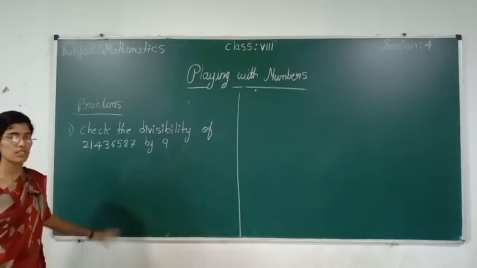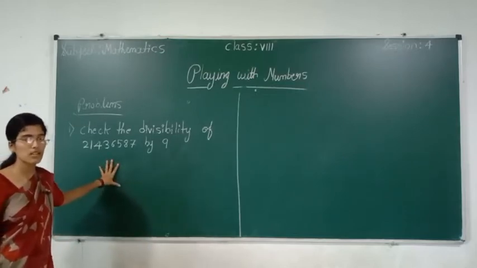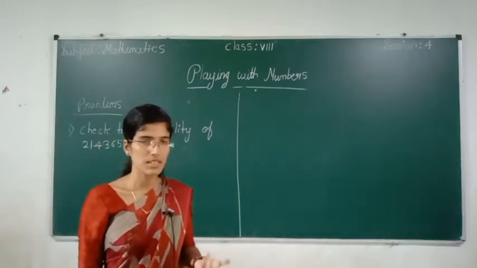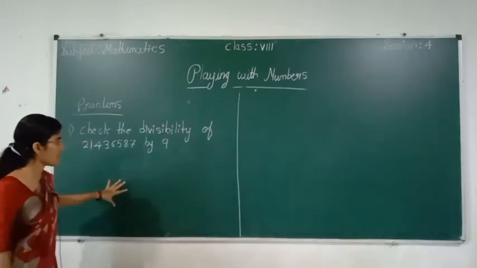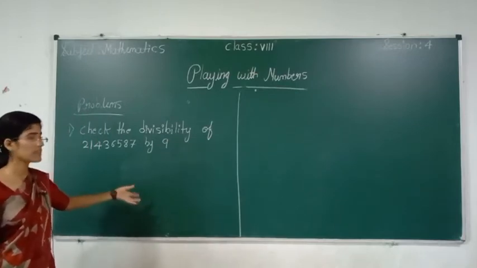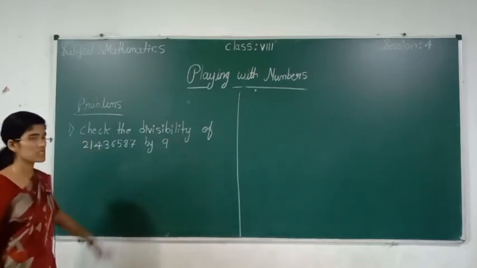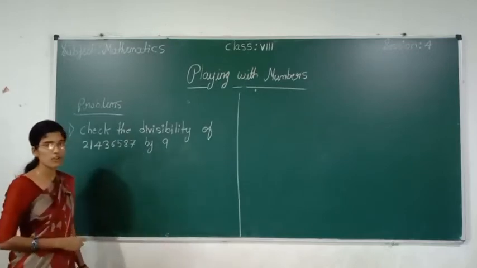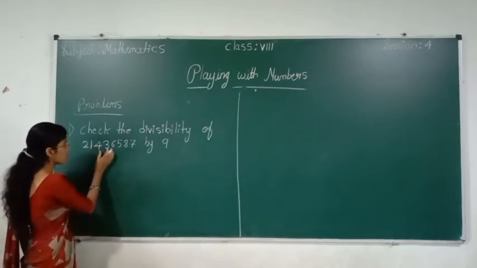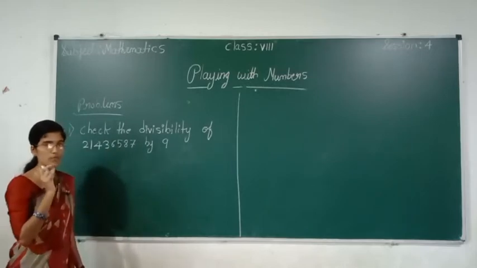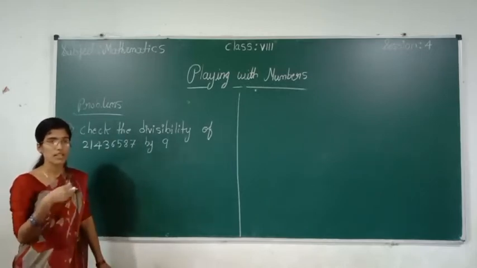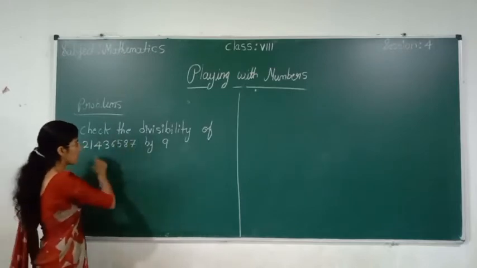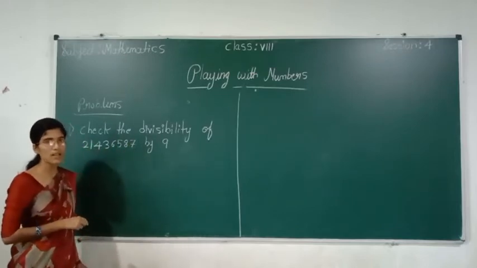How to check? The rule is that we do the sum of the digits of the number. If that sum is divisible by 9, then the whole number is divisible by 9.